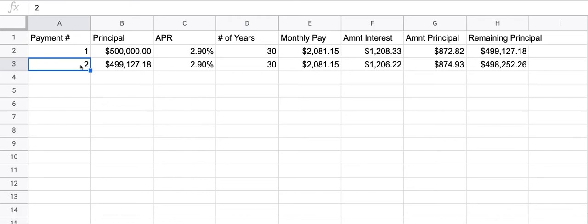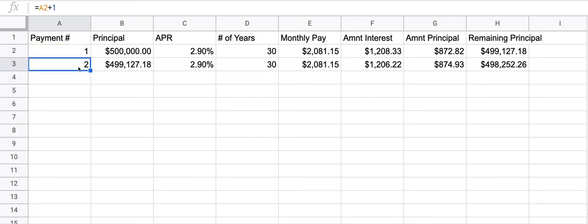Okay, I'm going to change one more thing and then we're going to finish up this table, I promise. Okay, so this number 2, I'm going to go ahead and delete that. And I'm going to replace it with an equals. I'm going to click on this 1, and then I'm going to do plus 1. Obviously, 1 plus 1 is 2.